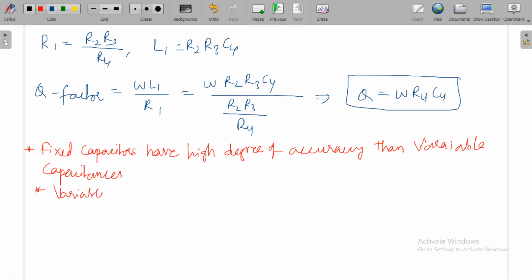Standard variable capacitors are very expensive.